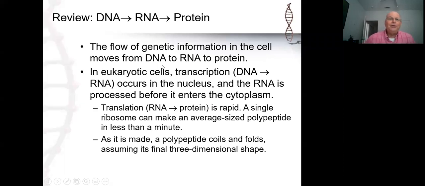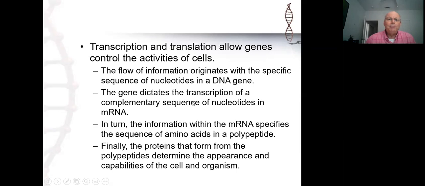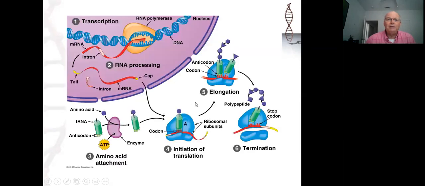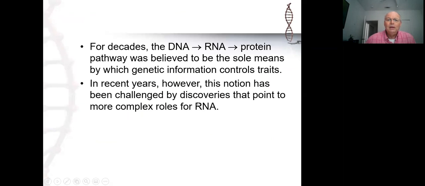So we talk about the flow of information again as DNA to RNA to protein. That's the dogma as developed by Francis Crick. So we can basically draw out a diagram that looks like this.